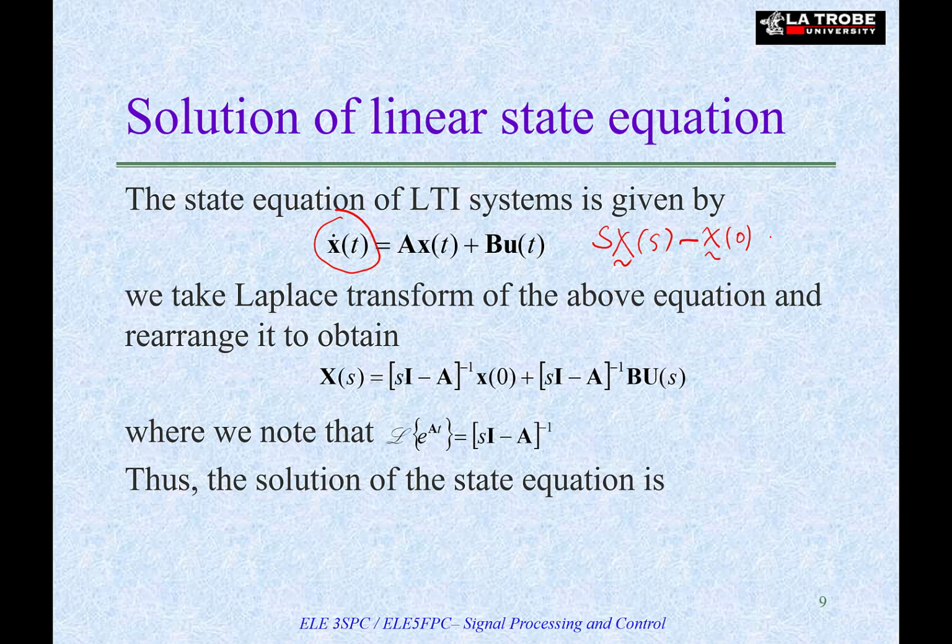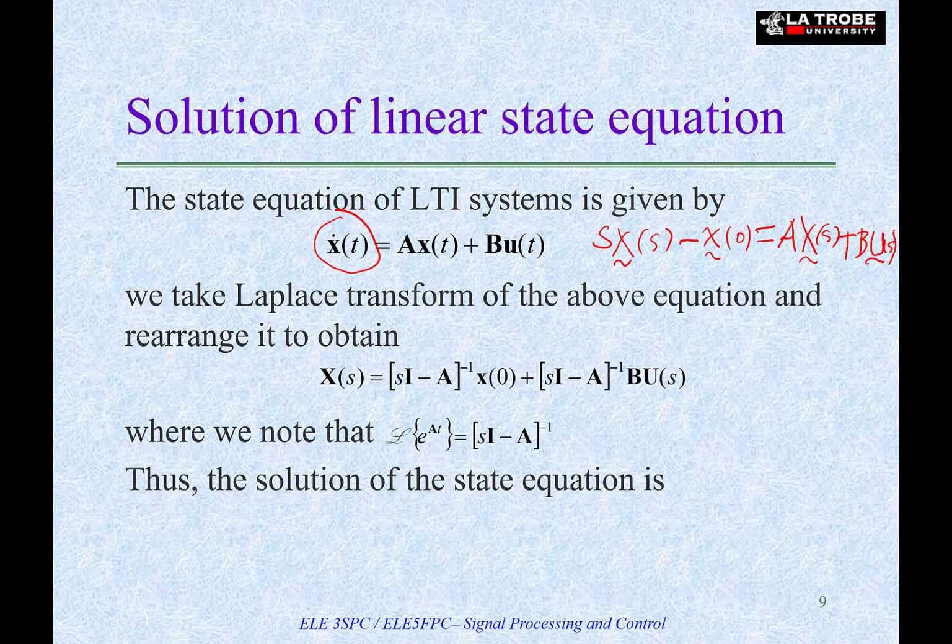And then on the right-hand side, when we take the Laplace transform, lowercase x(t) becomes capital X(s), plus B, capital U(s). And U should also be a vector. So now this is a Laplace transform of the state equation.